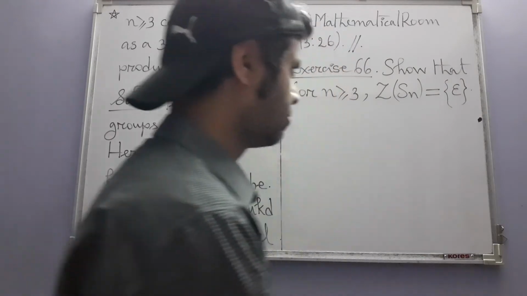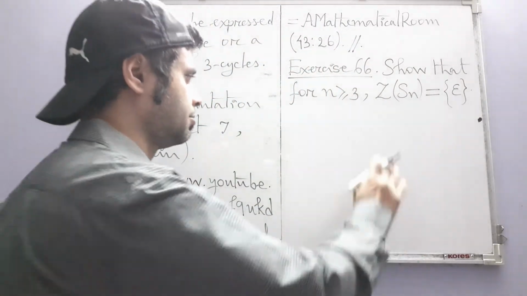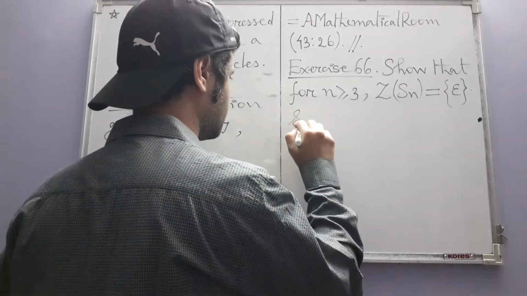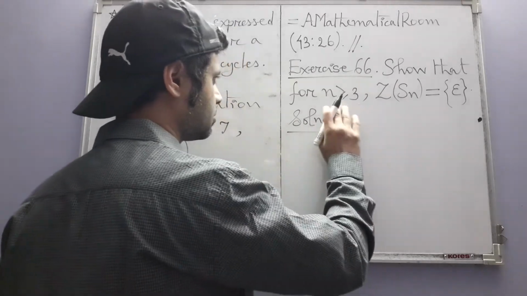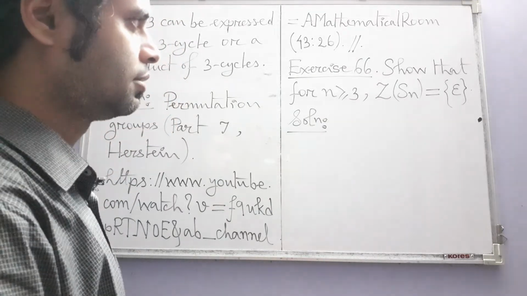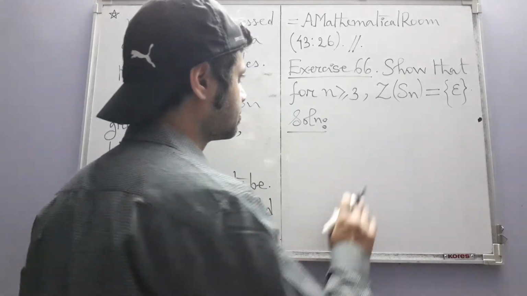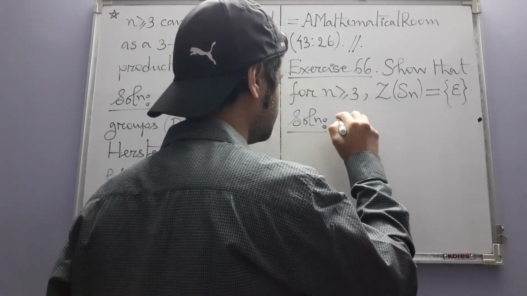Here it is being denoted by epsilon or E. You can in fact use any letter you want. That means all the symmetric groups starting from degree 3 have trivial centers. So let's see how that can be proved.